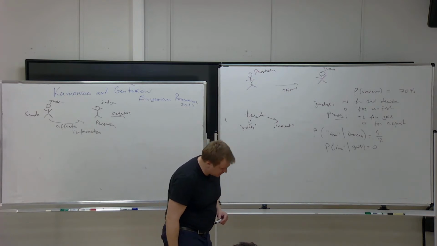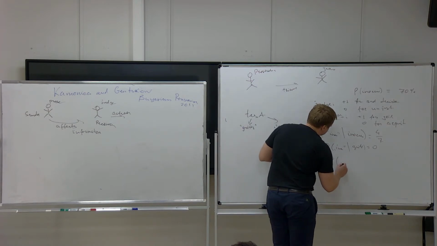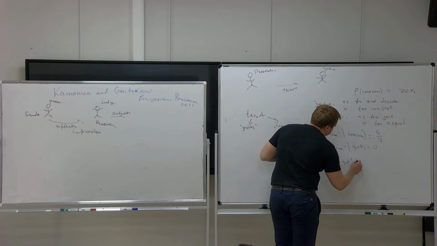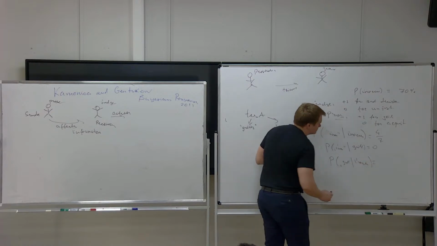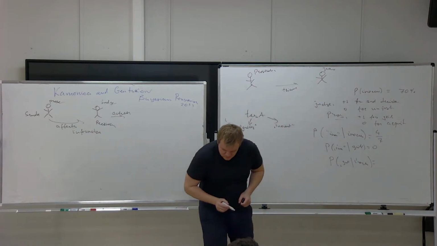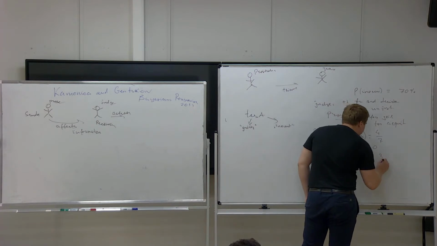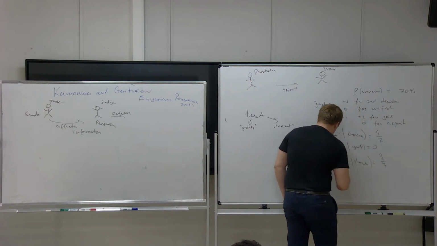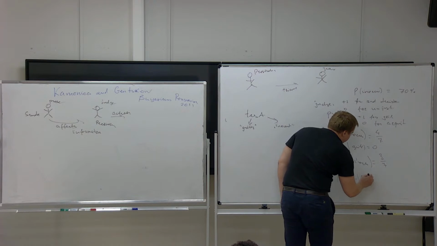Probability of guilty conditional on innocent is 3/7, and probability of guilty conditional on guilty is 100%.